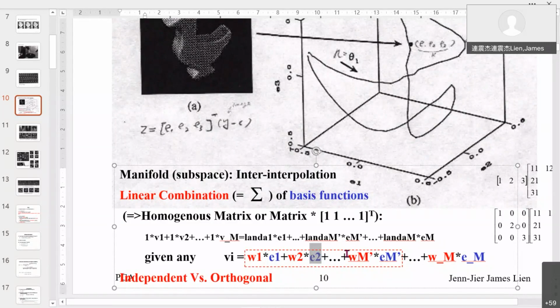The basic basis function is sine and cosine, the Fourier series. That's signal processing, and that is what I mean here.